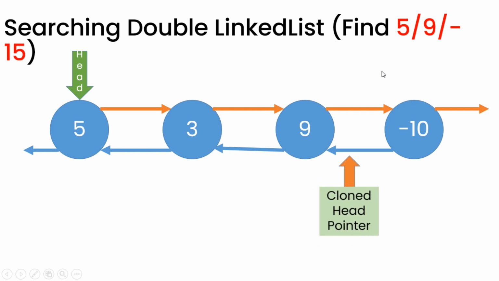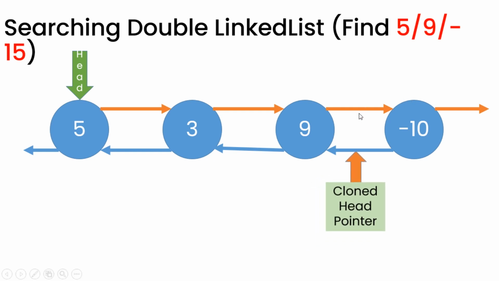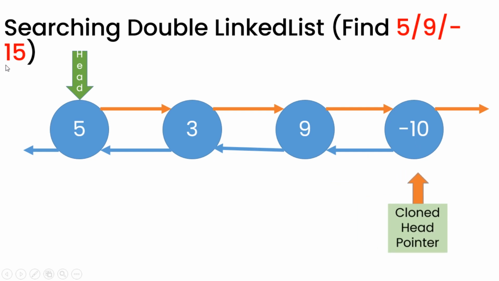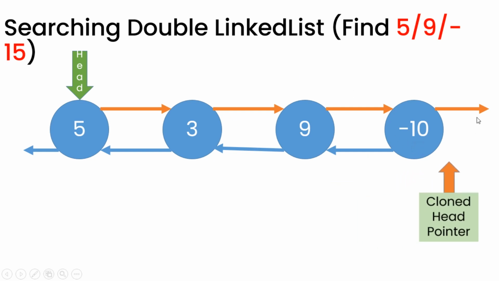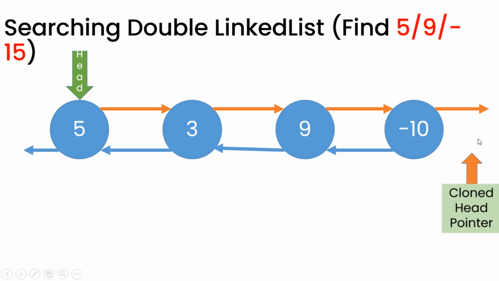We're gonna check for the next node, which is -10. -10 isn't 15, so we're gonna check our next until we reach the point where it doesn't exist. There is no node here, so it's just empty, and we just maybe return false or return -1 based on whatever you have in your implementation.